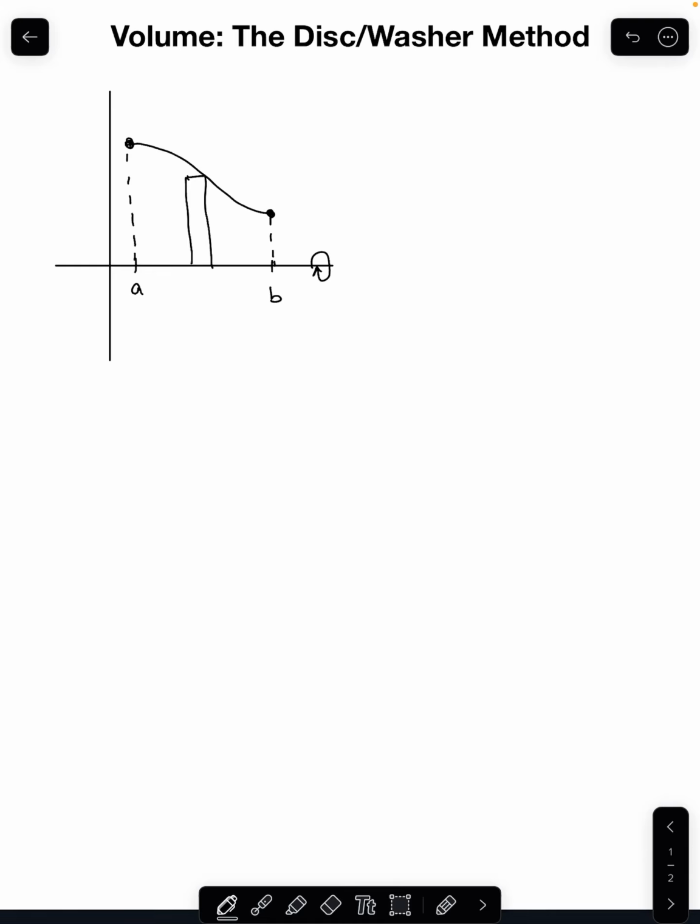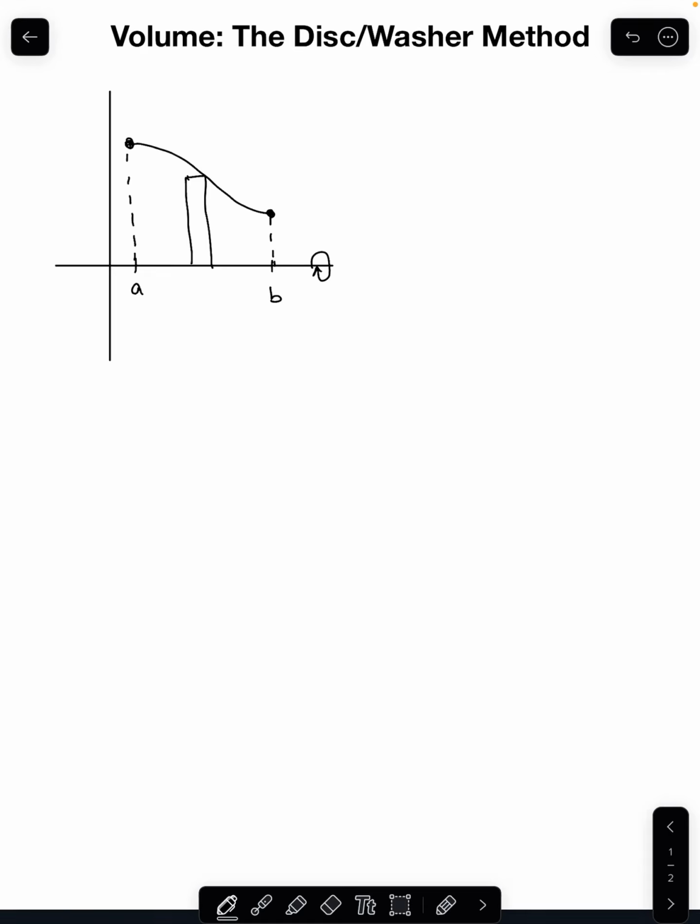And then it bases the height of the rectangle in that region on the function value at either the left endpoint, right endpoint, or midpoint. Traditionally, we use the right endpoint because algebraically, with the summation, it just tends to work a little cleaner.